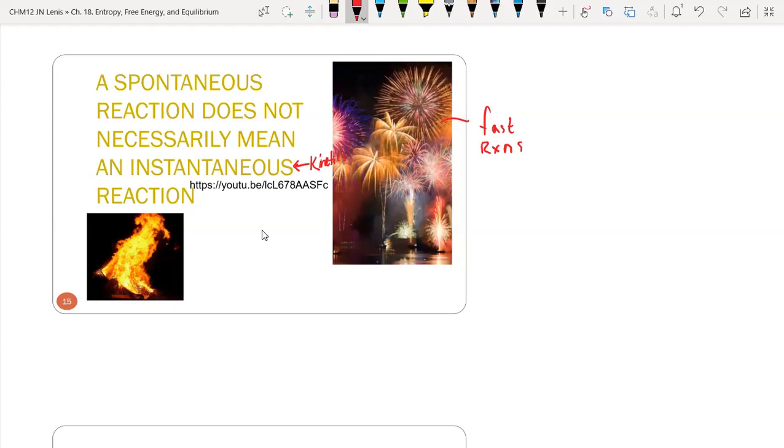For example, iron, solid, oxidation state 0, plus oxygen, gas, to form iron 3 oxide.